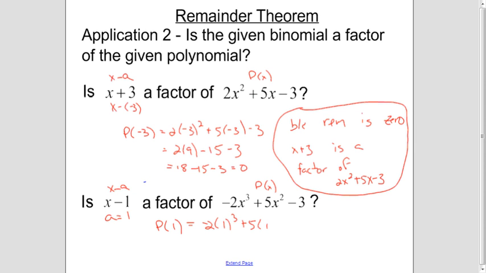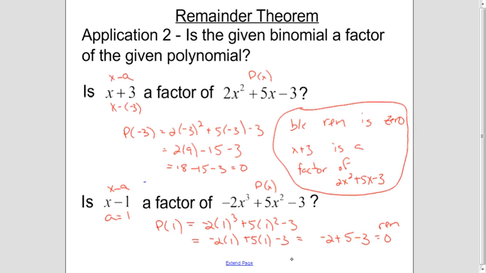So, continuing with the evaluation, this gives me negative 2 times 1 cubed plus 5 times 1 squared minus 3, which is equal to negative 2 plus 5 minus 3. So we have here that this is in fact equal to 0. Therefore, that's the remainder.